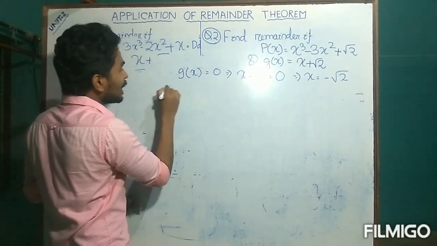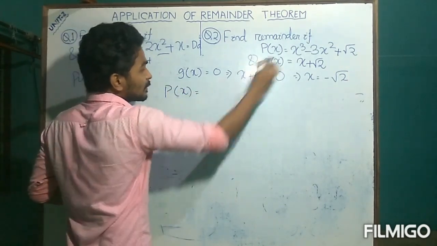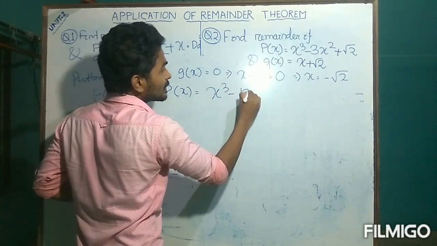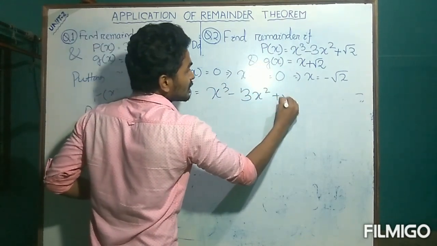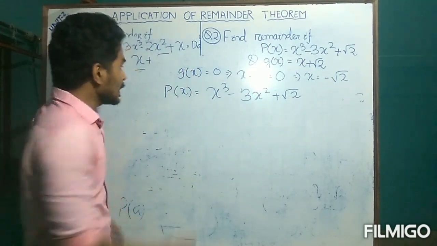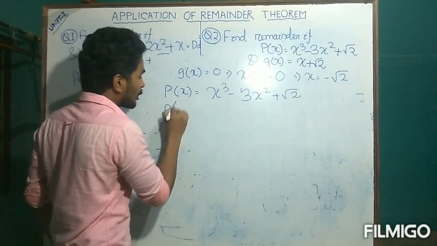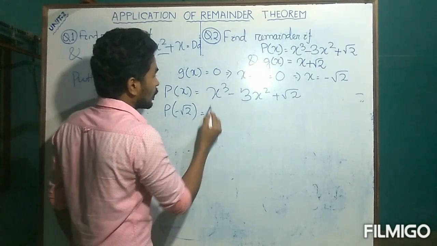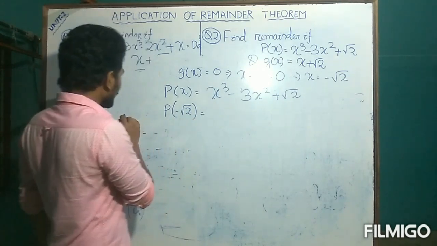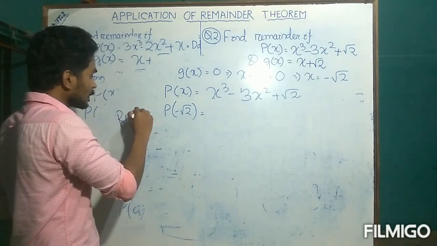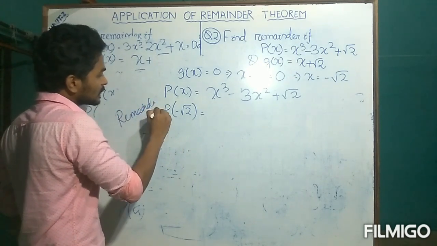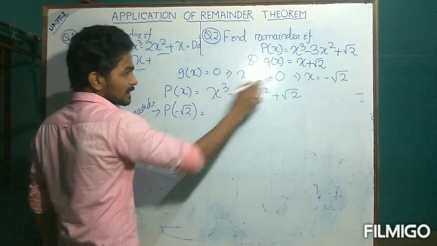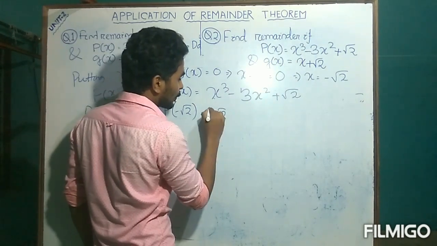Now, as we have p of x is equal to x cube minus 3x square plus root 2, put in the place of x minus root 2. Okay. So this is the remainder, or p of a. In the place of x you will put minus root 2.